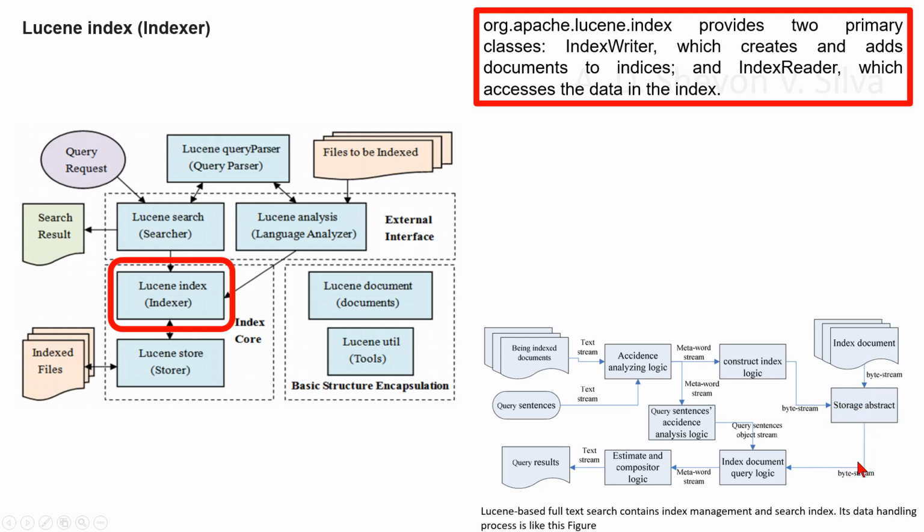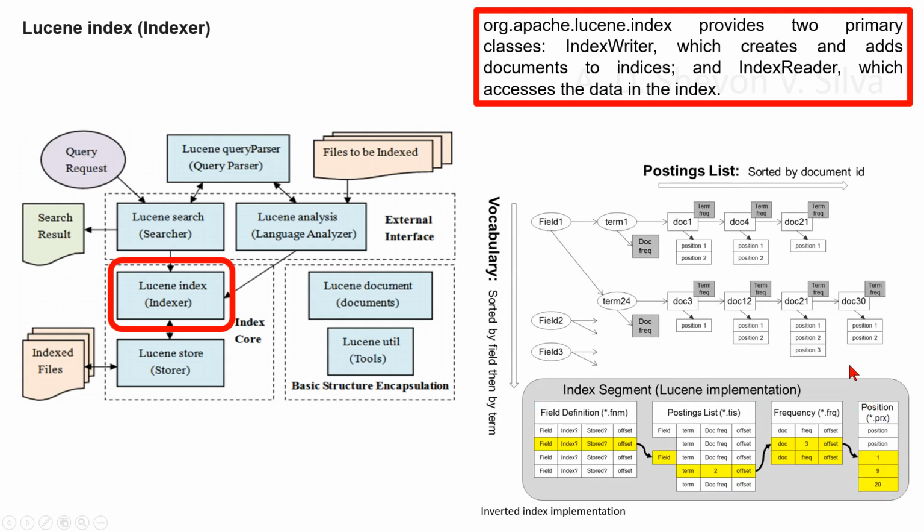A byte stream is passed from storage abstract to the index document query logic. Index document query logic is connected to the estimate and composer logic. A meta word stream is passed from the index document query logic to the estimate and composer logic. Estimate and composer logic is connected to query result. A text stream is passed from estimate and composer logic to query results.